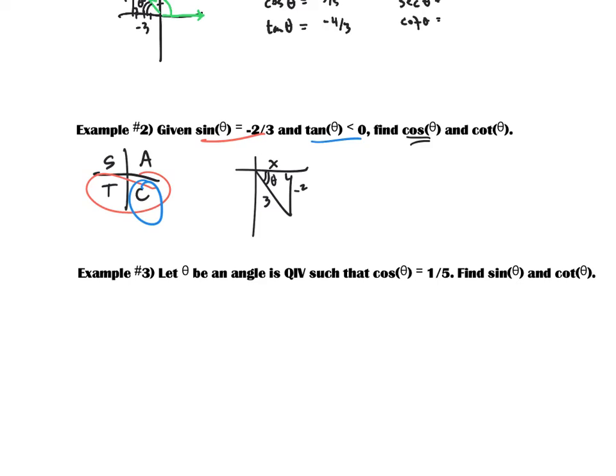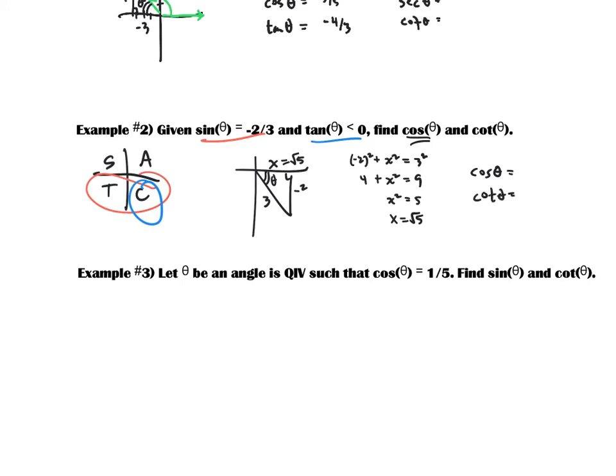So what I can do, Pythagorean Theorem tells me that negative 2 squared plus x squared is equal to 3 squared. So that means 4 plus x squared is equal to 9. So x squared is equal to 5, telling me that x is equal to the square root of 5. And now I can find the cosine and the cotangent.